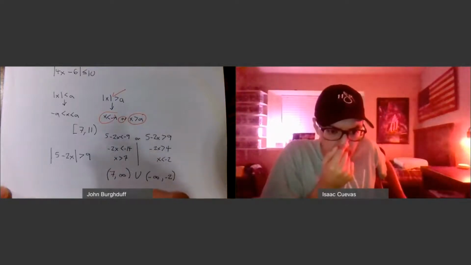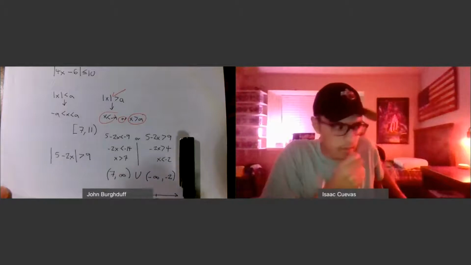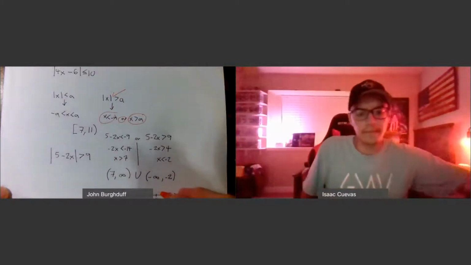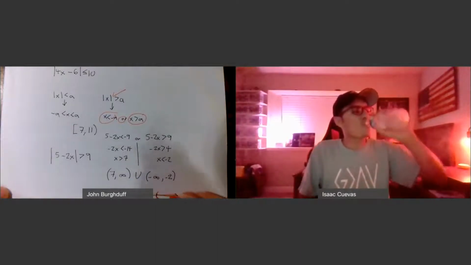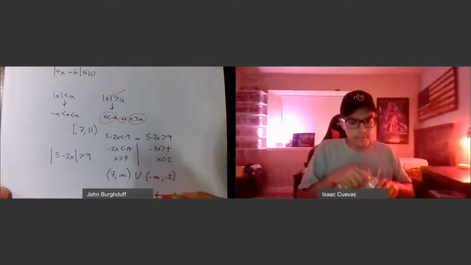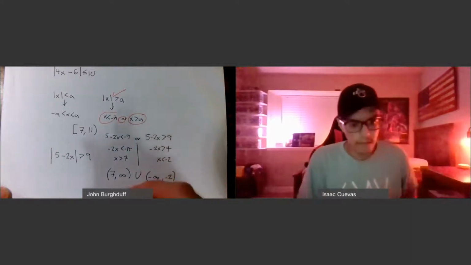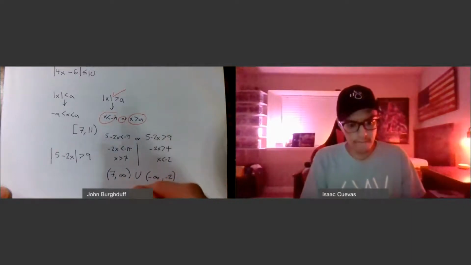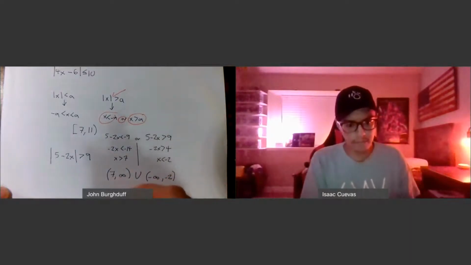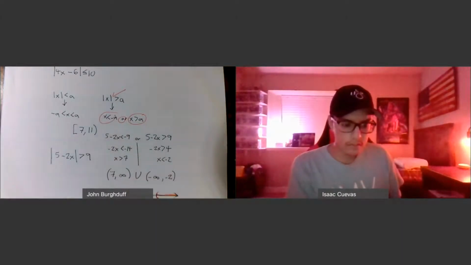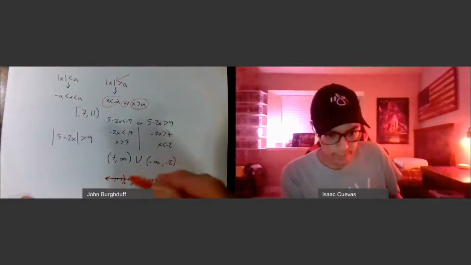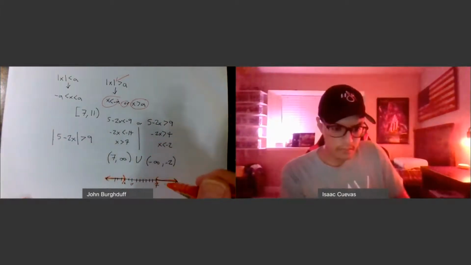Here's the -2. So 7 to infinity would begin at the 7, not including the 7, and going to the right. But negative infinity to -2 would be starting at the -2 and going to the left. Like that. So this piece is actually the left piece, and this piece is actually the right piece.